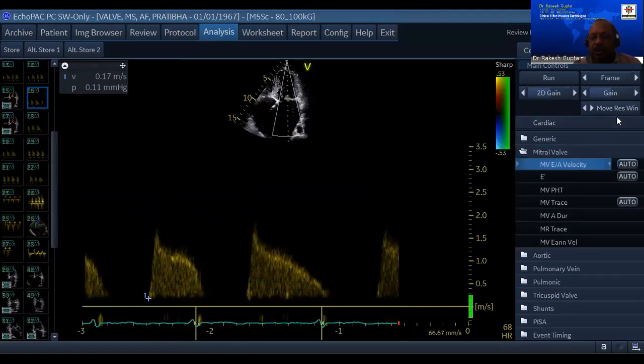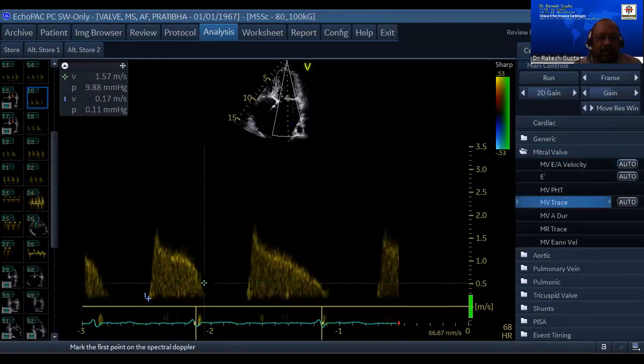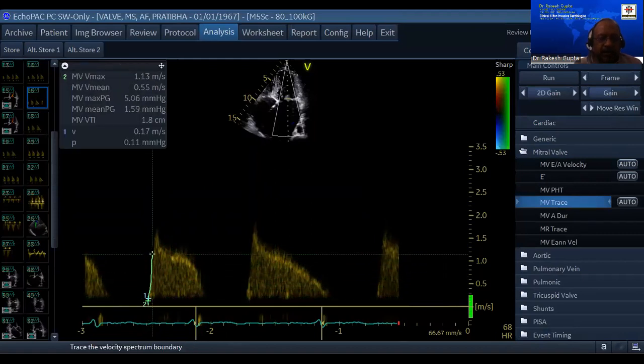I'm going to trace the mitral valve from here, go all the way up. Now should I go up like this, come back over here, then drop myself over here, right? Is that correct, right, or wrong?